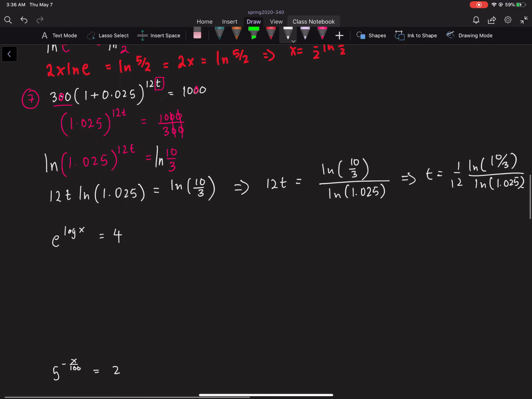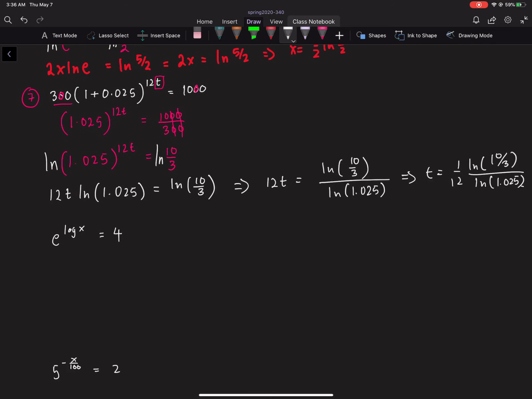All right, let's look at the next expression. Example 8 says e to the log x is equal to 4. Recognize that it's just log x, meaning that we have a base 10 in that problem.